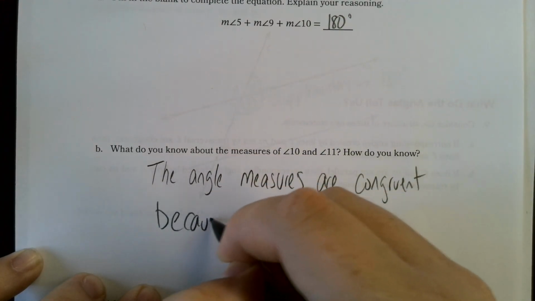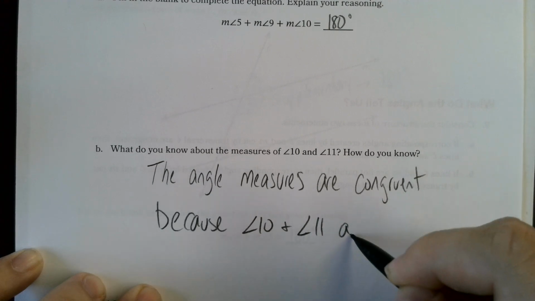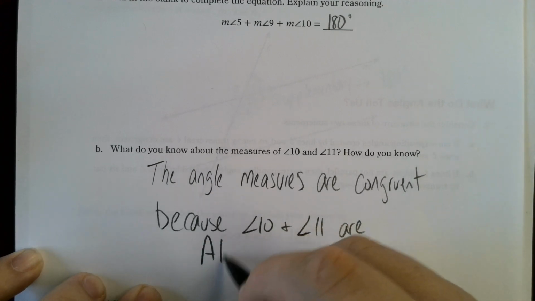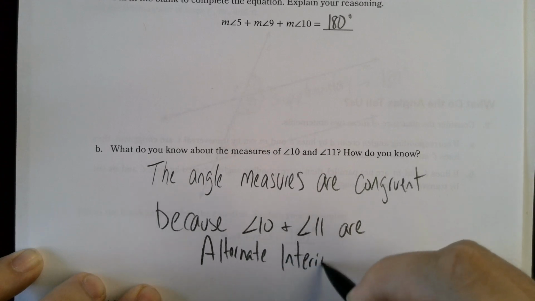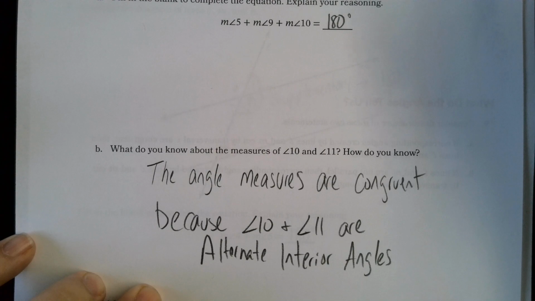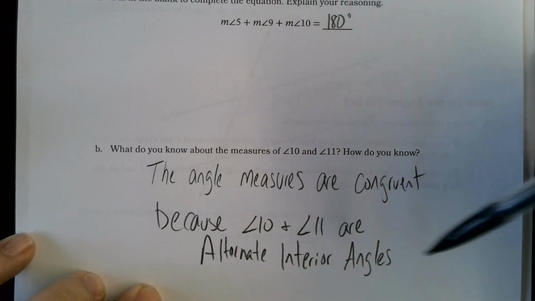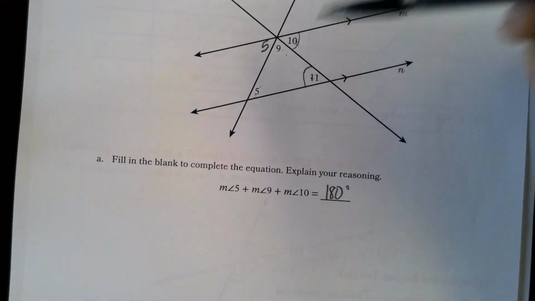Because angle 10 and angle 11 are alternate interior angles, we could say that angle 10 is part of a triangle, which adds up to 180 degrees.